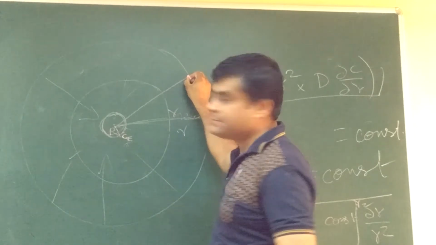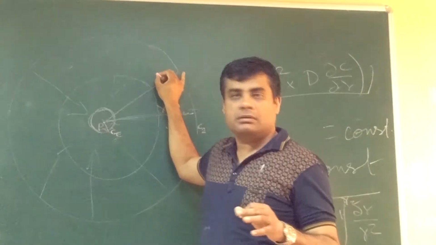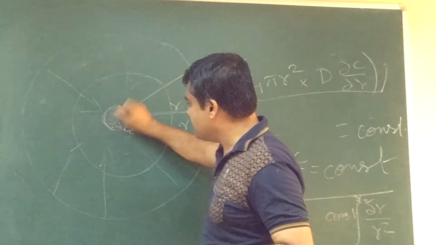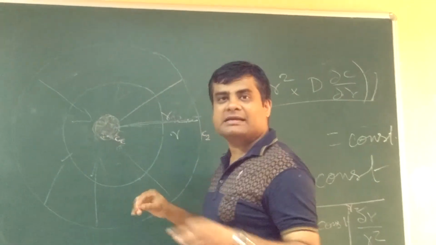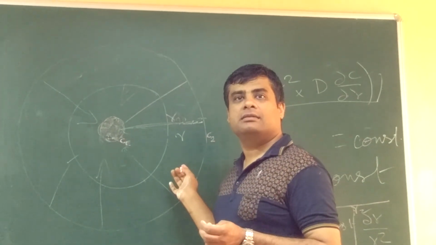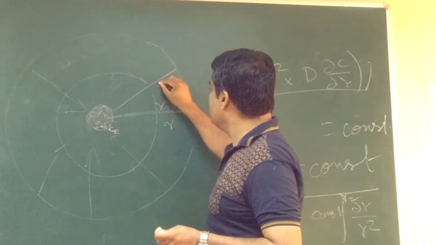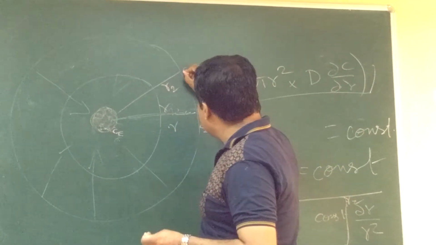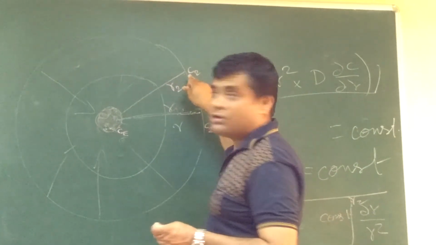So I am taking a spherical cell in the matrix. This is your precipitate. In the matrix, I am taking an arbitrary spherical cell of radius R2, and at the end of that R2, the concentration is C2.